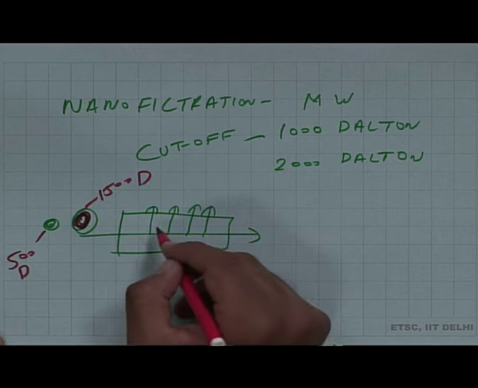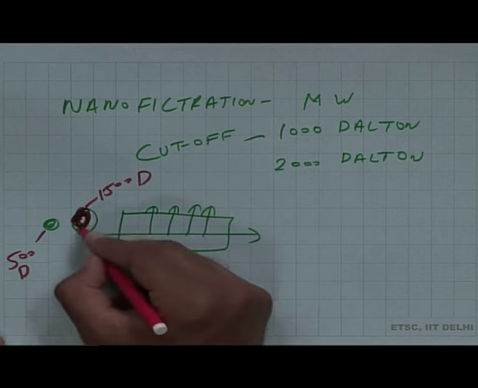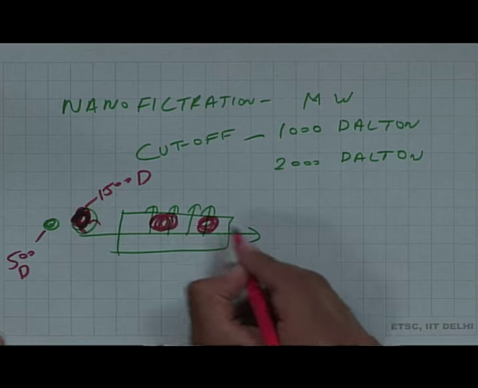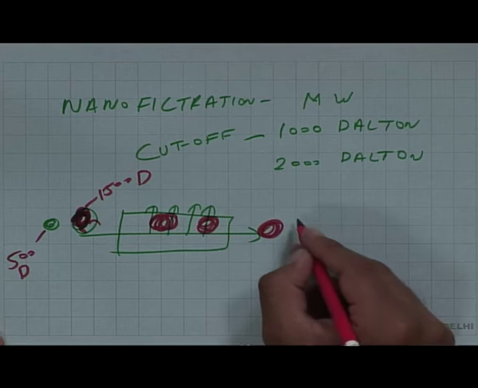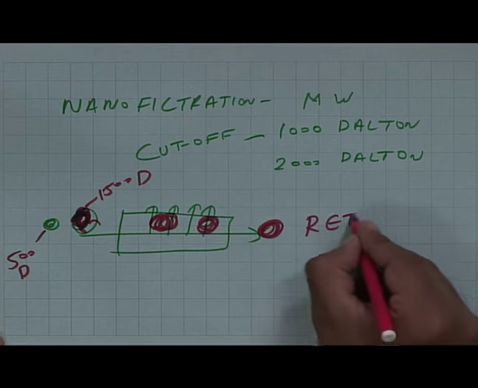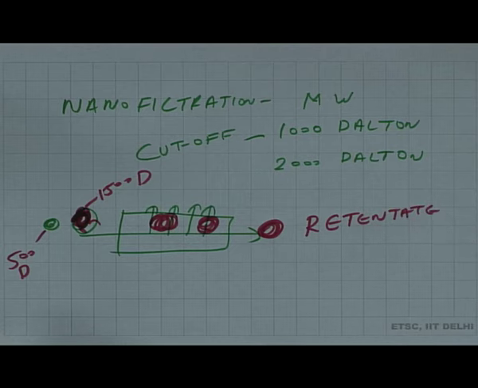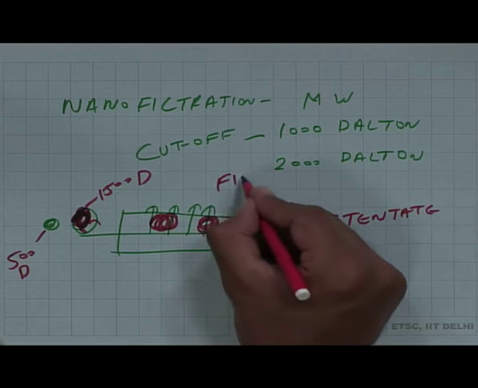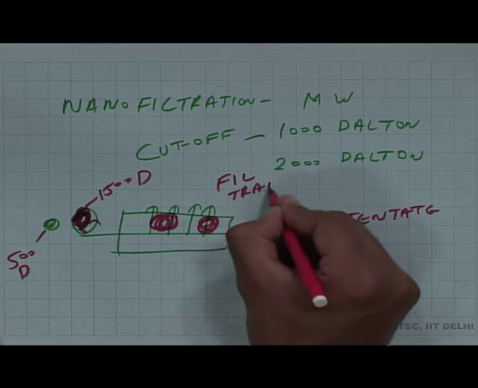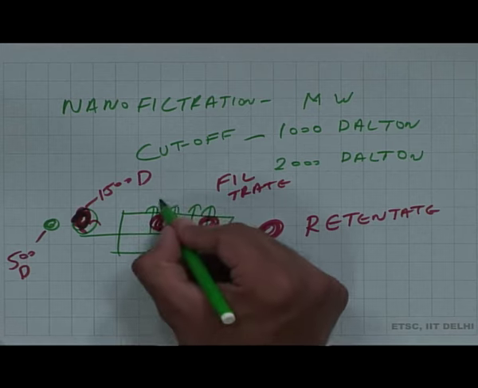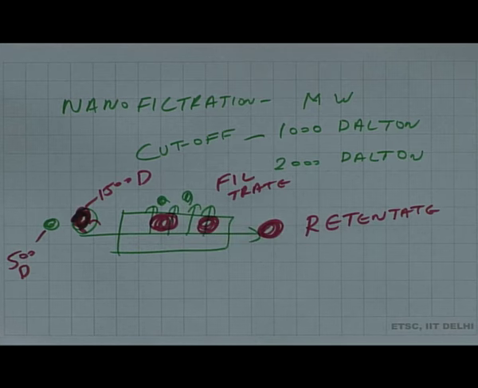If both of these molecules go inside, what will happen is this would remain here, and comes out from here, and this is called the retentate, while this is called the filtrate. Okay. And your molecule is coming here. Okay. What does it mean?